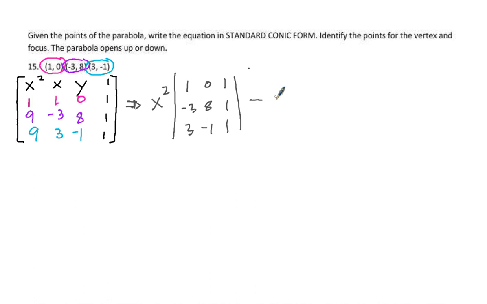And then I subtract x. This is the cofactor method. I take away my x column and the top row, and I find the determinant of what's left: the first column, the third column, and the fourth column.